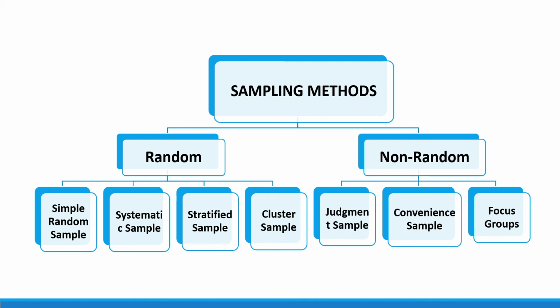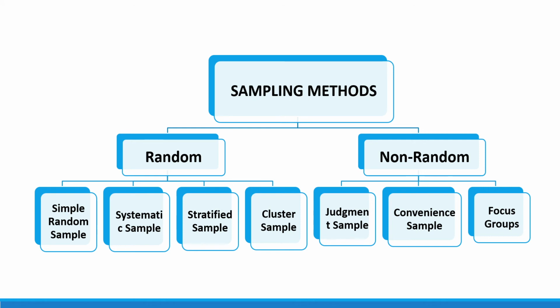We have different sampling methods. For the way of selecting the fraction of the population, we have two ways. Either it's random or it's non-random.